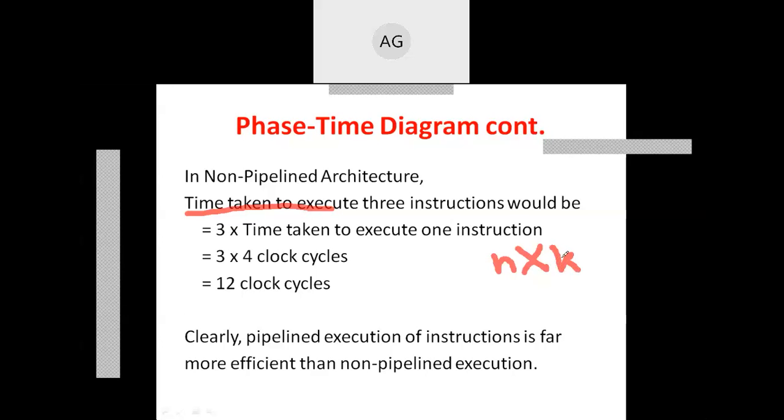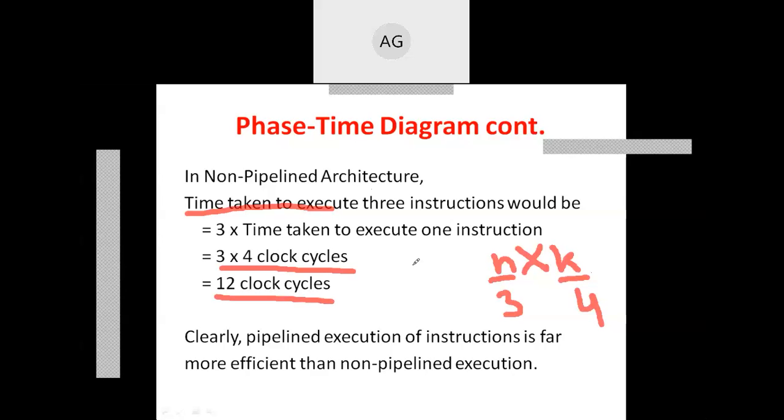Here three instructions are there, and we are using a four-stage pipeline. So the value of k here is 4, and the value of n, because we are using three instructions, is 3. So we need to multiply 3 into 4. So we get 12 clock cycles if we are using the non-pipelined architecture.